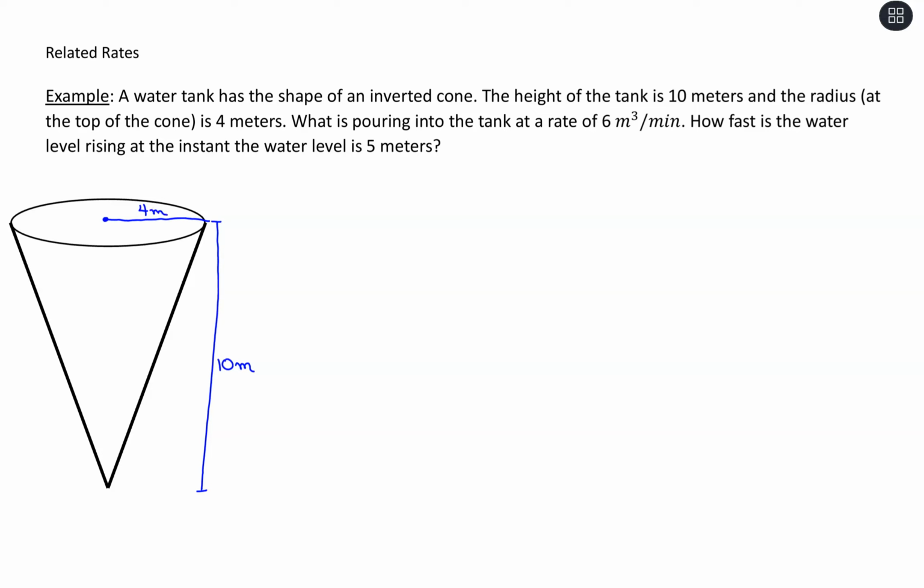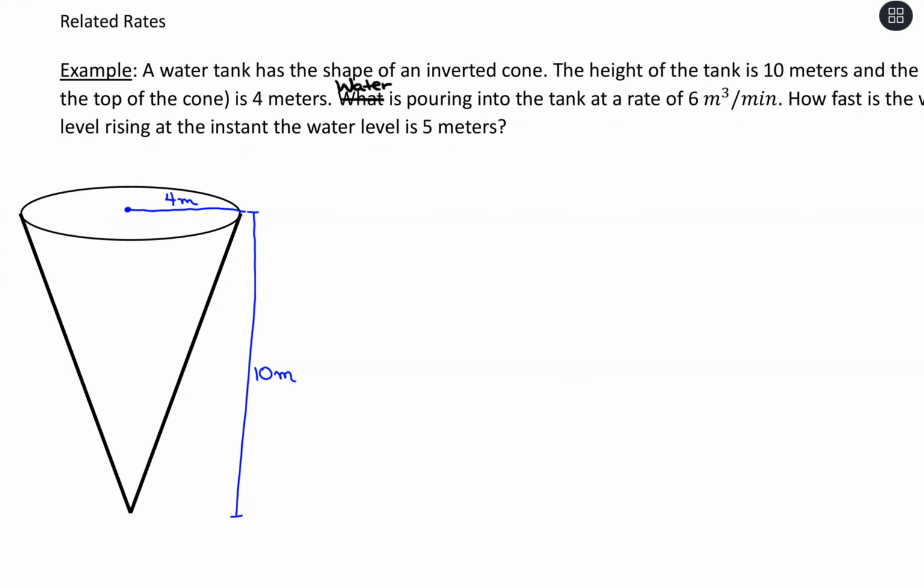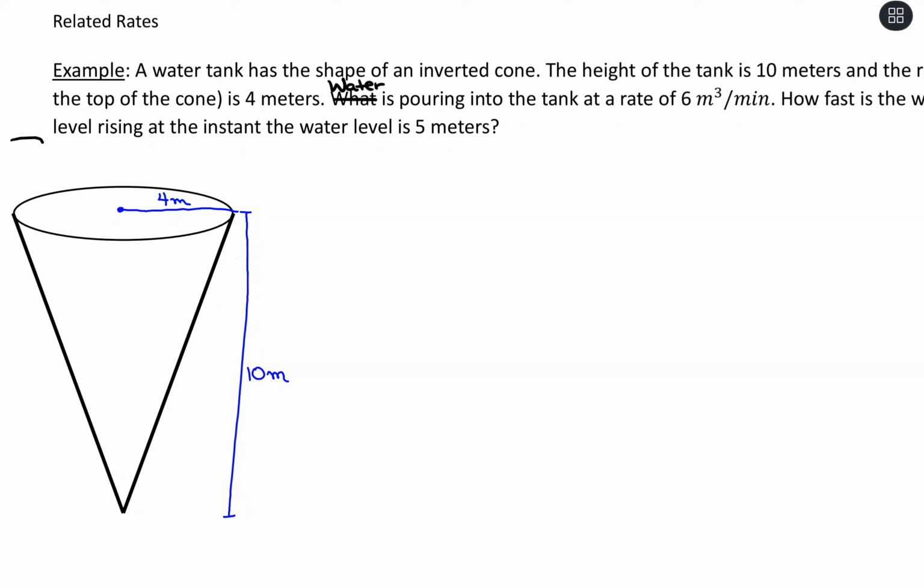That should say water is pouring into the tank, not what is pouring. We know what is. Water is pouring into the tank at a rate of 6 meters cubed per minute. So we have a faucet of some sort, and water is going into the tank so that we have a water level of some sort.